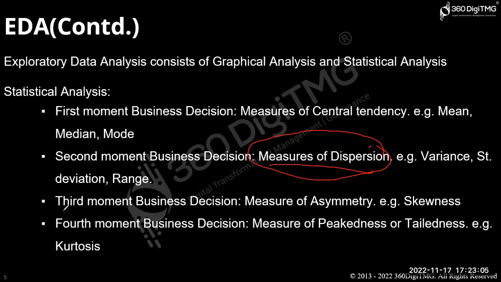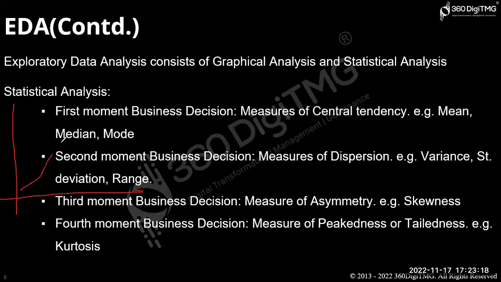And then we'll have the third moment business decision, in which we look at whether the data is symmetrical or not. If it is symmetrical, we will call it normal distribution.